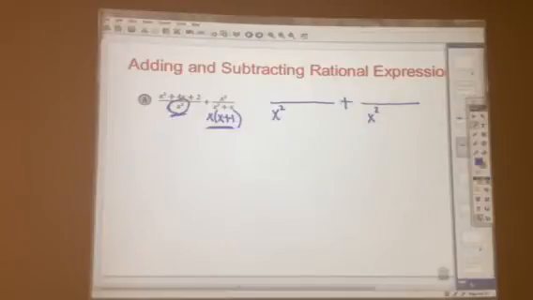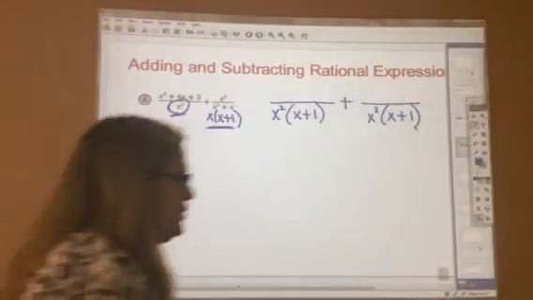I don't have to worry about the x. But then I have to add the x plus 1 as part of my denominator. So x squared times x plus 1 is my denominator.